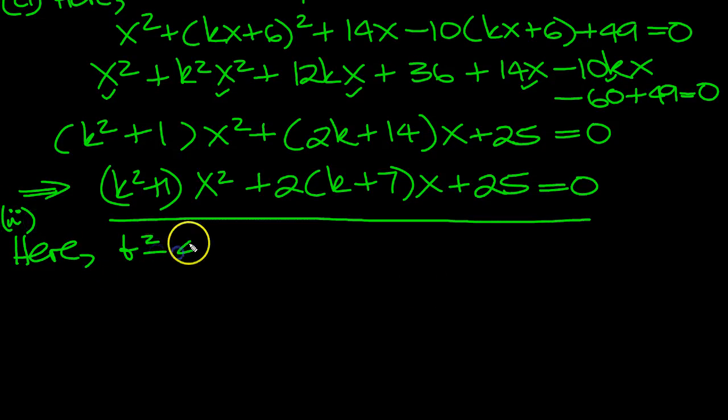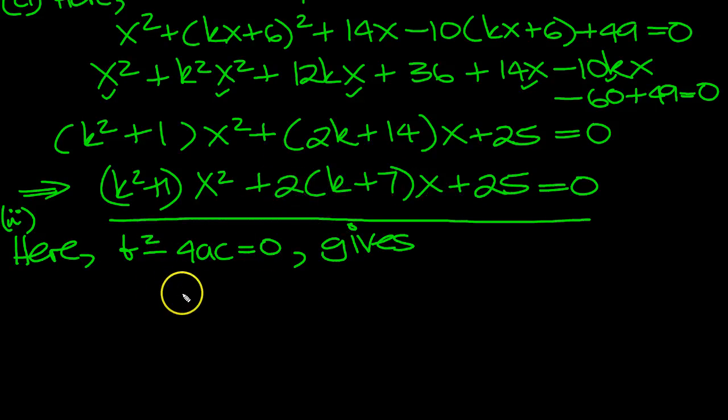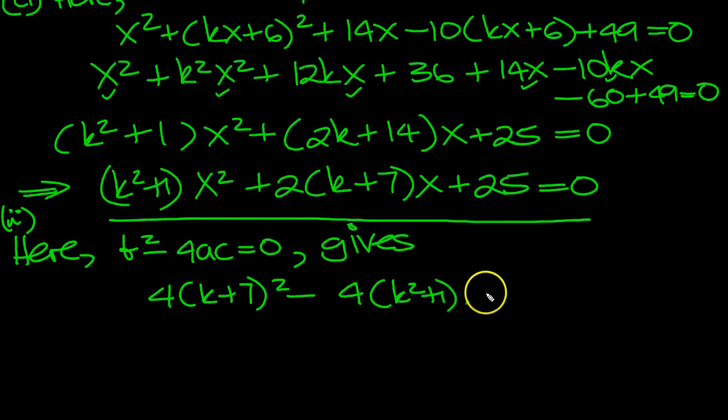B squared minus 4ac equals 0 gives, because that will be the condition for equal roots when they touch. B squared will be this whole thing squared, which will be 4k plus 7 squared minus 4 times a, k squared plus 1, times c, which is 25.